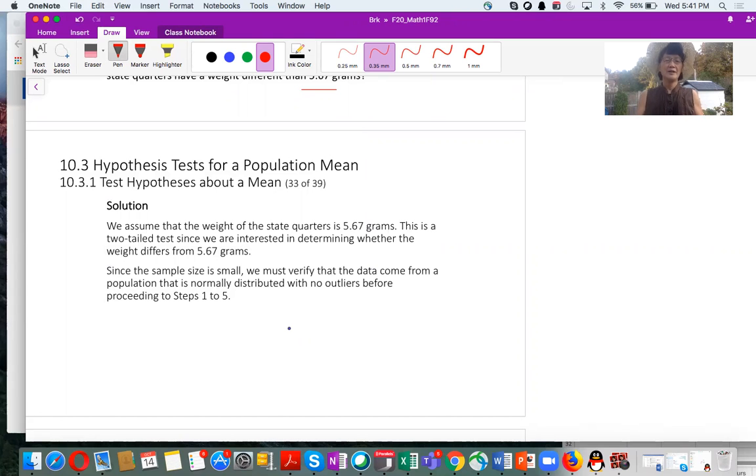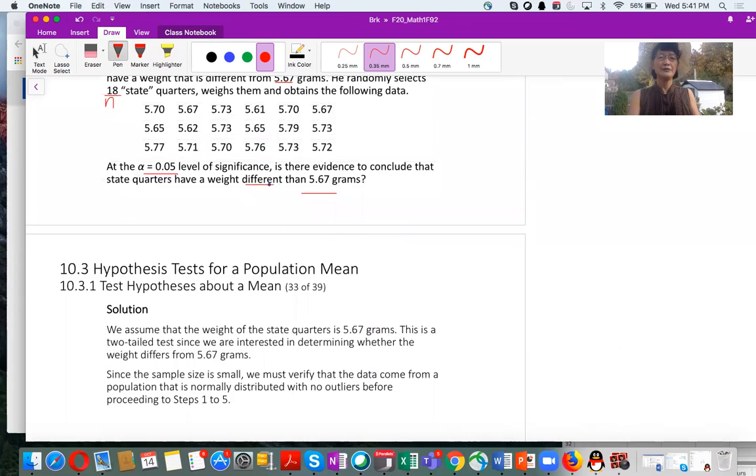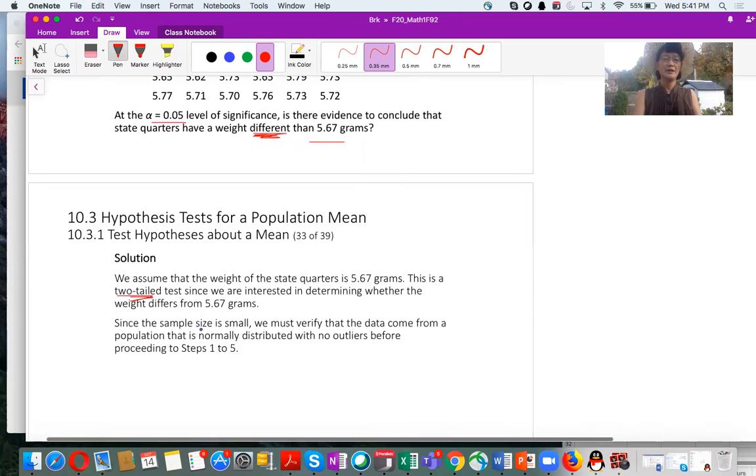First of all, the question asks you different. So we know when you have different, it is usually a two-tailed test. Because the sample size is small, we need to verify that it is coming from a normally distributed population before we can do steps 1 to 5.